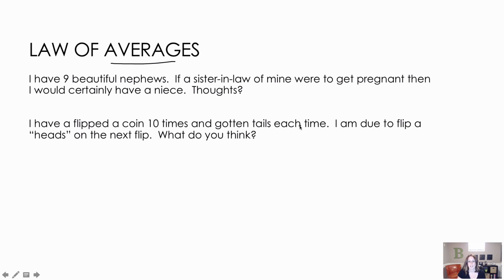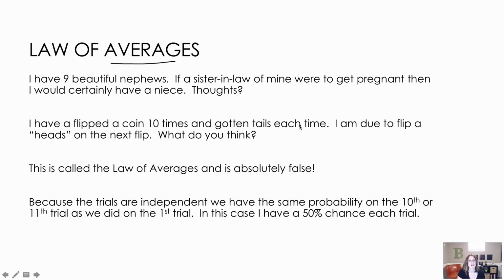What do you think? Well, that's the law of averages, and obviously it is absolutely false, because each time a sister-in-law of mine has a baby, theoretically, there's a 1 out of 2 chance of a boy and a 1 out of 2 chance of a girl. And it doesn't matter that I've had already 9 beautiful nephews. It just matters that the next time I still have a 1 in 2 chance of getting a boy or 1 in 2 chance of getting a girl.